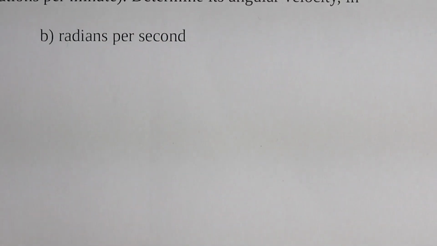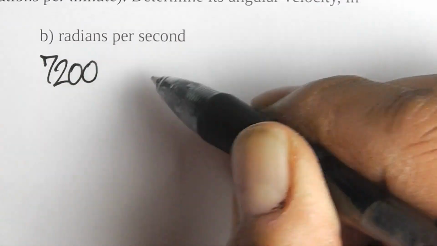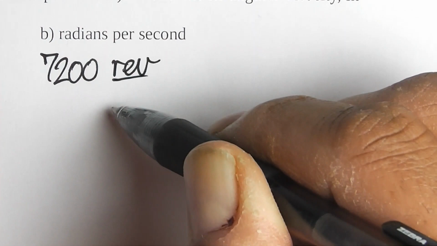So let's try the same thing in radians per second. I've got 7,200 revolutions per minute.